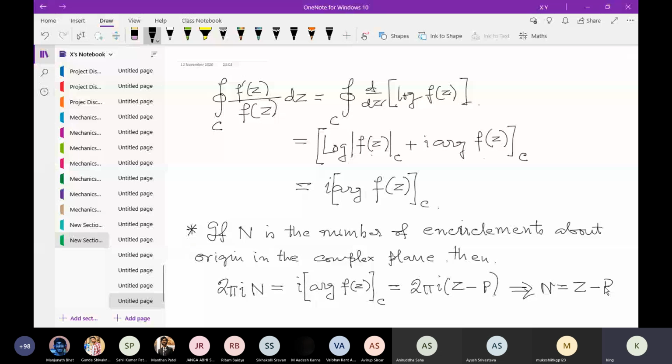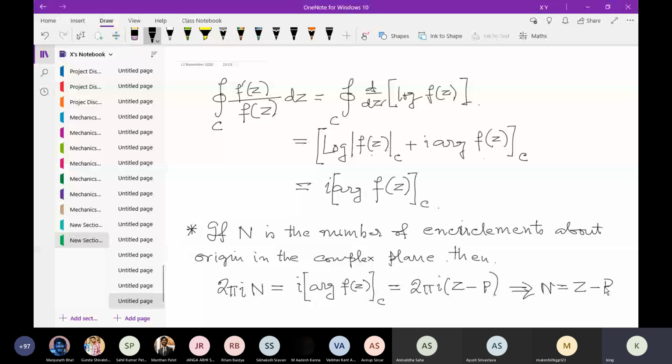I have a contour that contains z zeros and p poles of a function fz, and what we looked at just by experimentation, this is the mathematical proof of that: z minus p will be equal to the number of encirclements of that function plotted in the complex plane of the origin, the point 0, 0.